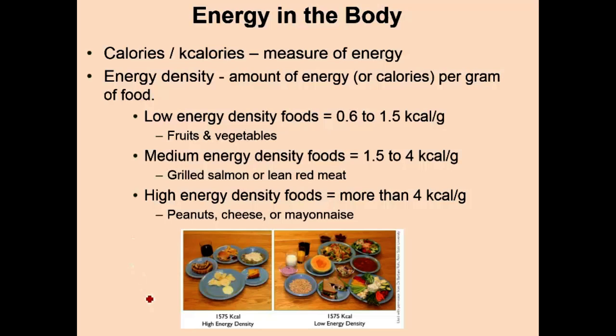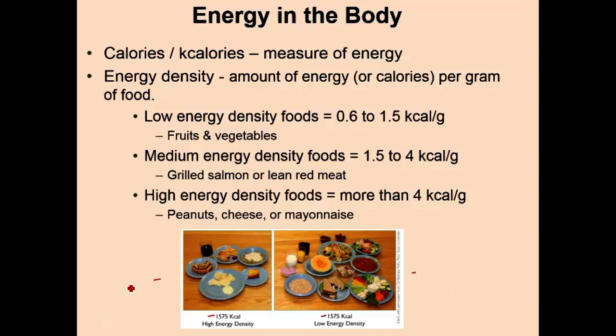If you look at these meals, you'll notice that they are providing the same amount of kilocalories, 1,575 kilocalories. The meal on the left is showing us a high energy density meal, and the one on the right is showing us a low energy density meal.